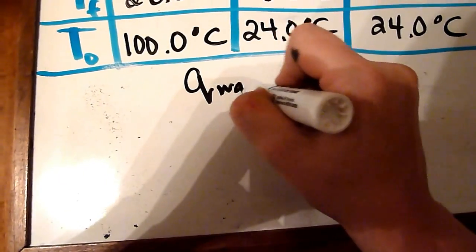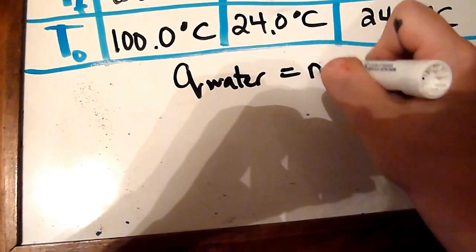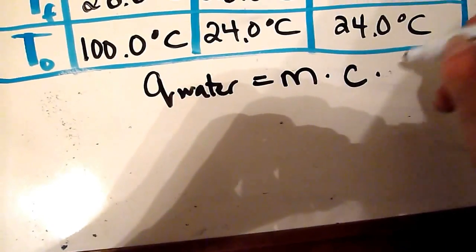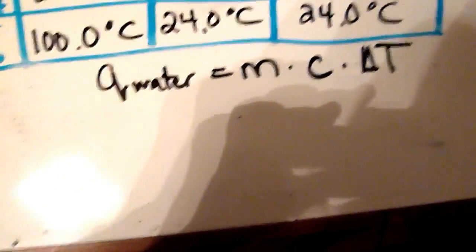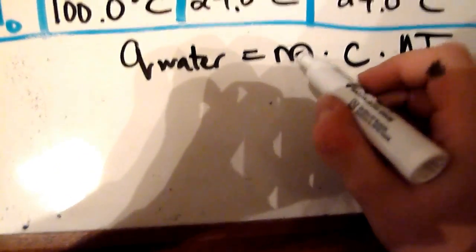Well, the exact same equation I've been using. Q of the water equals mass of the water times specific heat of the water times change in temperature for the water. I know lots of people like to solve for the variable we're interested in.